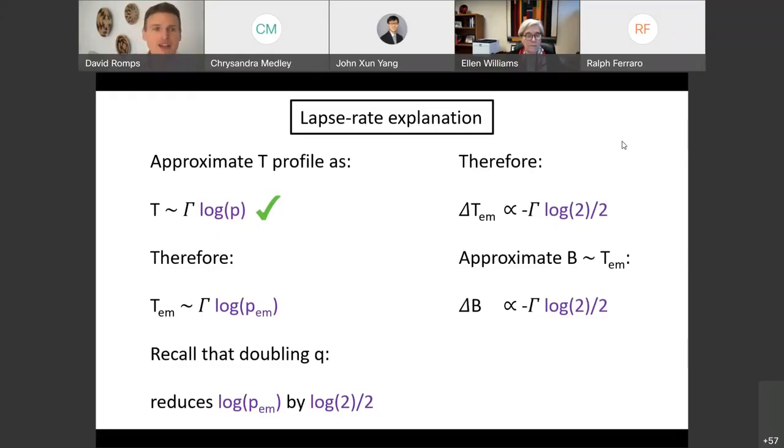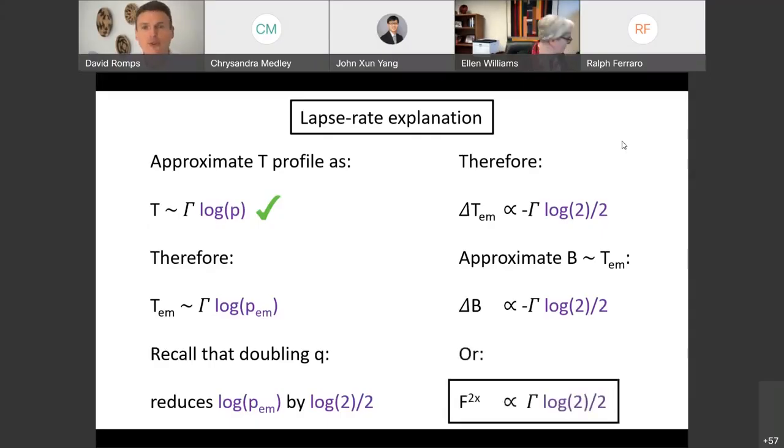So B is proportional to the emission temperature, and we see the emission temperature changes in this very simple way for every doubling. So the change in B is also just proportional to gamma times log of 2 over 2. And the forcing from a doubling of CO2, which I'll denote here by F with a 2 times in the superscript, is just minus that.